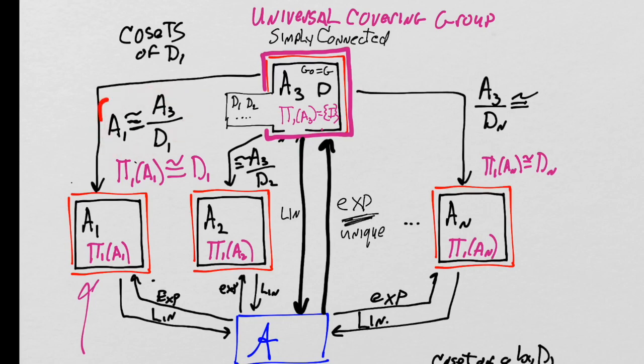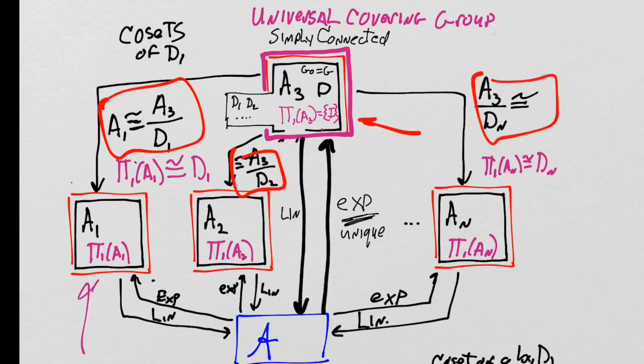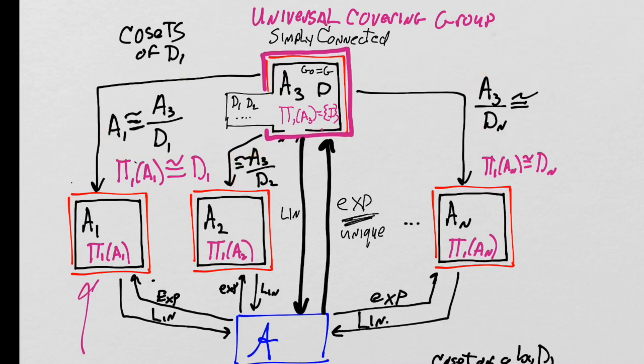Here's what this stuff is: factor groups of the simply connected universal covering group. And they're each factor groups of the universal covering group by one of its discrete invariant subgroups. And so in this lecture, we're going to try to just show how this story fits with SU2 and SO3.